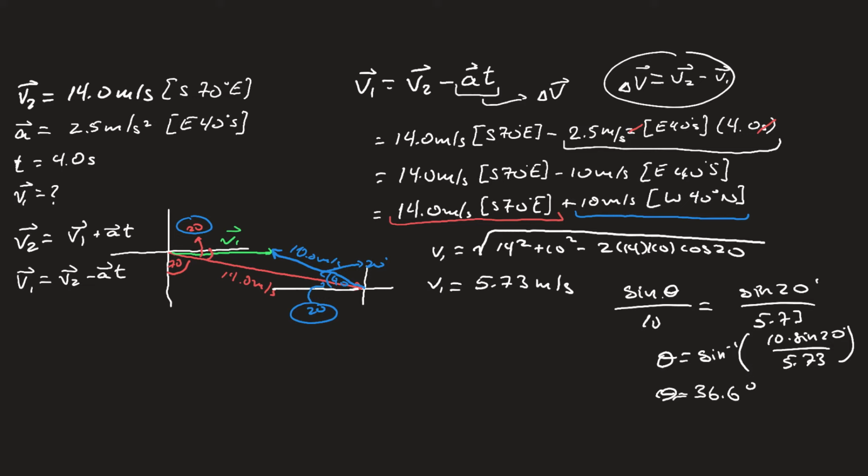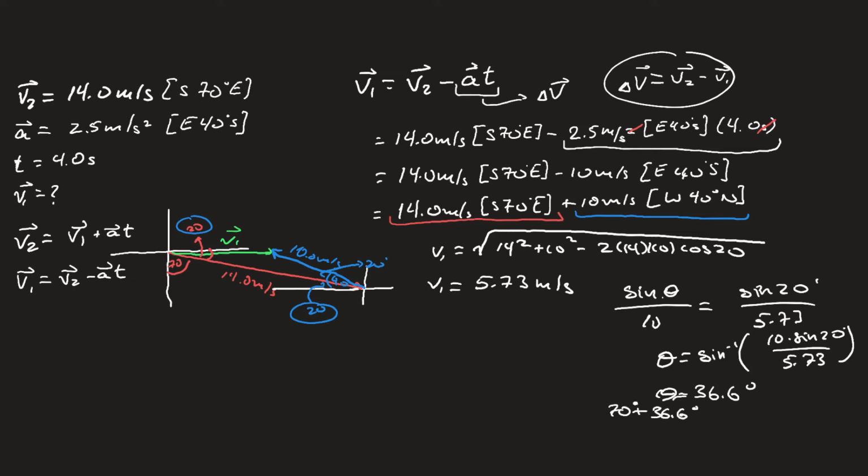So if that is 36.6, that tells me that the entire angle in terms of relative from east to north is going to be 70 plus my angle theta that I just solved for minus 90.